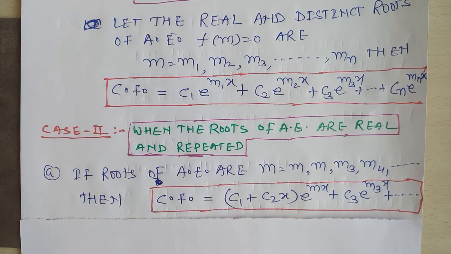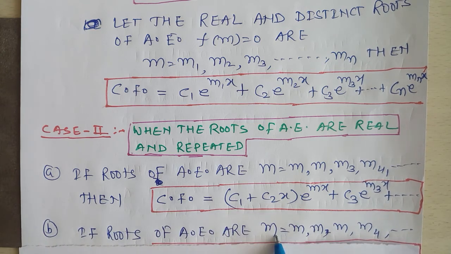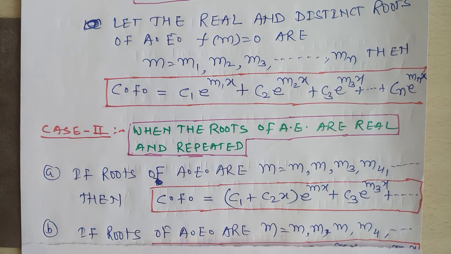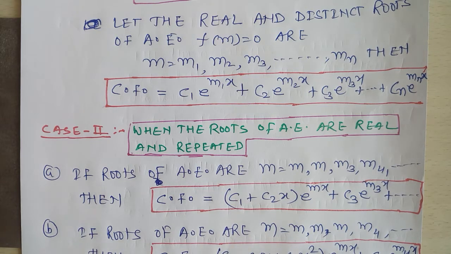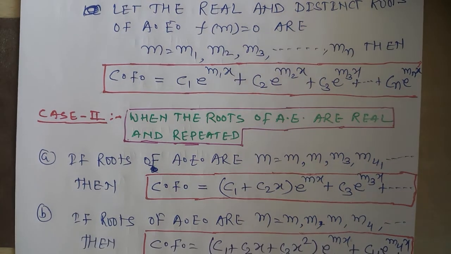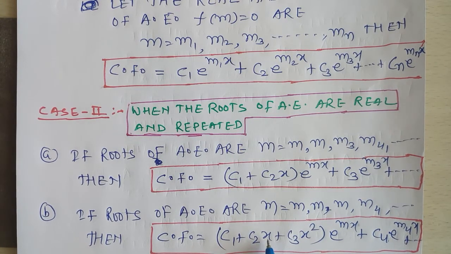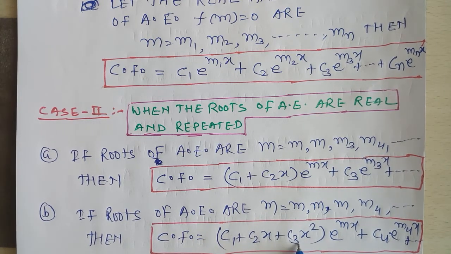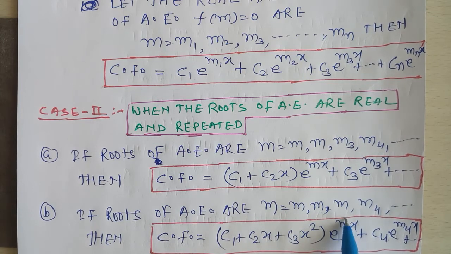In the same case, if three roots are repeated, like the roots m, m, m, and then different roots m4, m5 and so on, we write the complementary function for the three repeated roots as (C1 plus C2x plus C3x square) multiplied by e power mx, plus C4 e power m4x plus C5 e power m5x and so on.